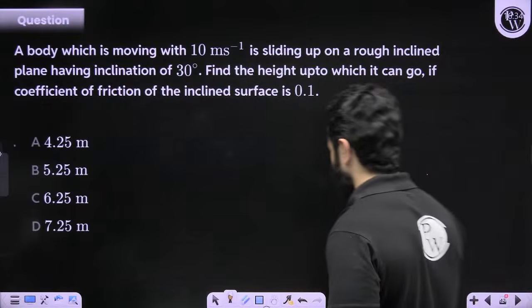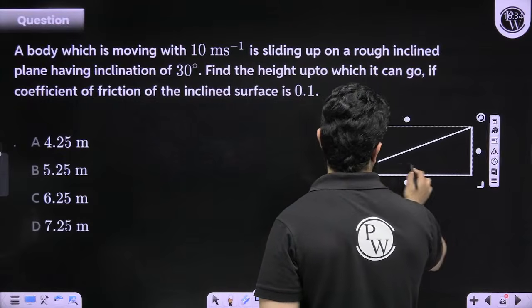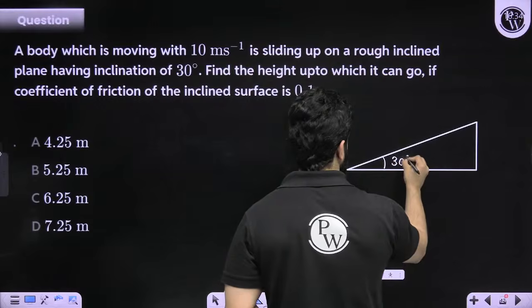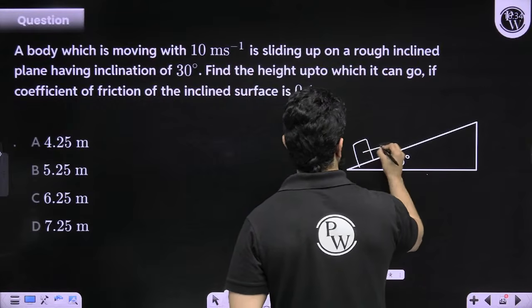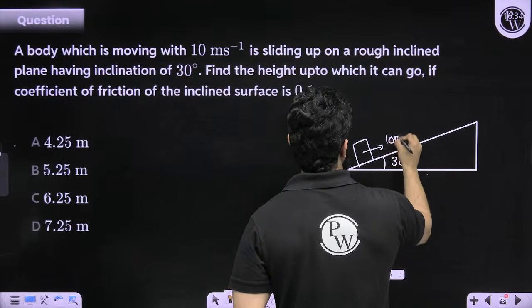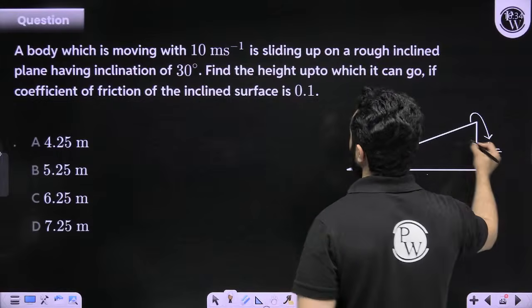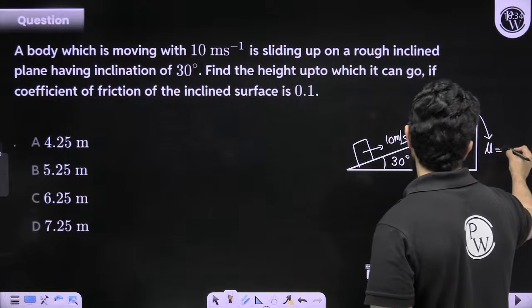My dear friends, you have got a surface having an inclination of 30 degree, and they are saying that a body is moving up with a speed of 10 meter per second and the coefficient of friction given for this surface is 0.1.